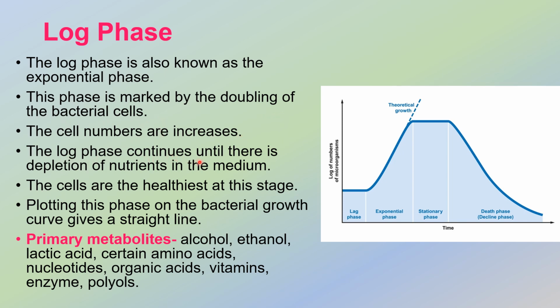Log phase continues until there is depletion of nutrients in the medium. The cells are healthiest at this stage. Plotting this phase on the bacterial growth curve gives a straight line. In this phase, bacteria can produce primary metabolites like alcohol, ethanol, lactic acid, and certain amino acids, nucleotides, organic acids, vitamins, enzymes, and polyols.